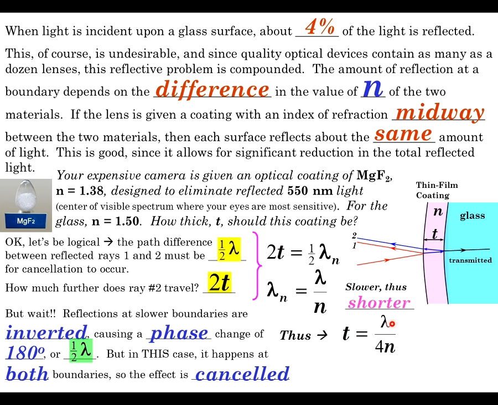So you put the 4n. In other words, this is using both these at the same time. So there's the thickness. So that's 550 nanometers, the wavelength, over 4 times the index. And the index is 1.38, gives us 99.6 nanometers is just the right thickness to produce cancellation of the reflected light at 550 nanometers.